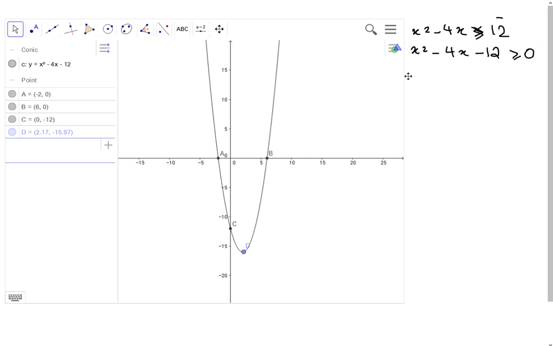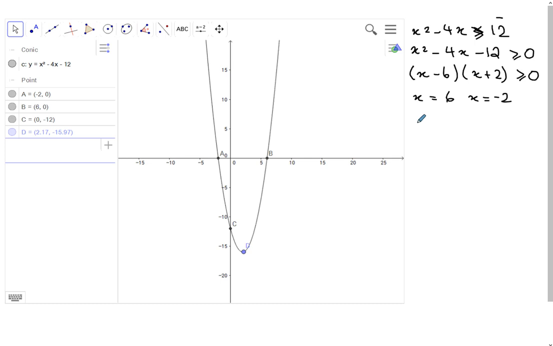And solving it like normal, equals 0, so you've got x minus 6, x plus 2. Just carry the sign there. So you can tell x will be 6 or x will be minus 2.